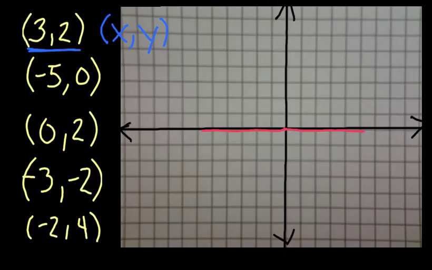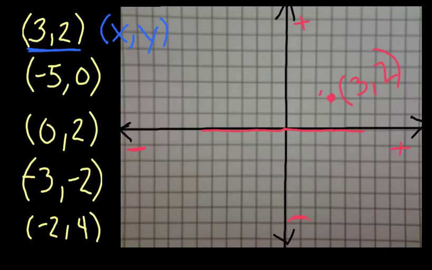So we want to go to +3, so that's 1, 2, 3. And then we want to go to +2, because on the y-axis, it's the same. Positive numbers are this way, negative numbers are this way. Just like positive numbers are this way and negative numbers are this way on the x-axis. So we're going to go over 3, up 2, put our point right there where it goes, and that's the point 3, 2. That's its address, over 3, up 2.